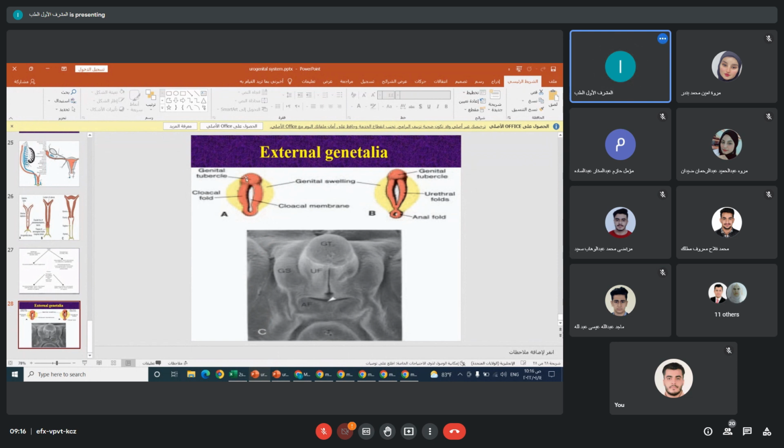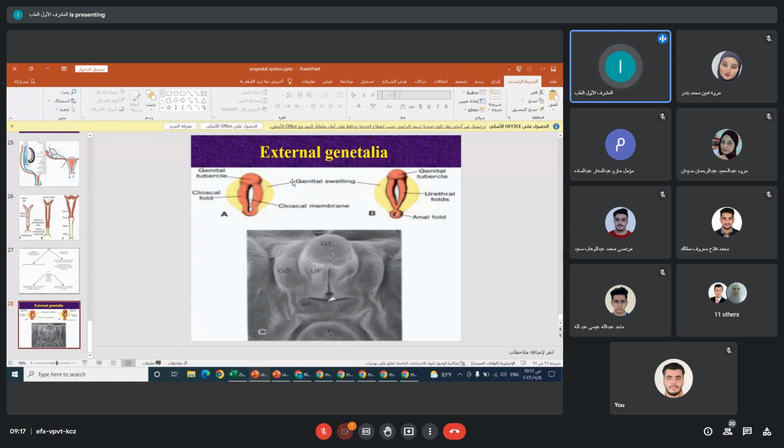Caudally, the cloacal fold subdivides into two parts, one called the urethral fold and the other the anal fold. This is called the indifferent stage.